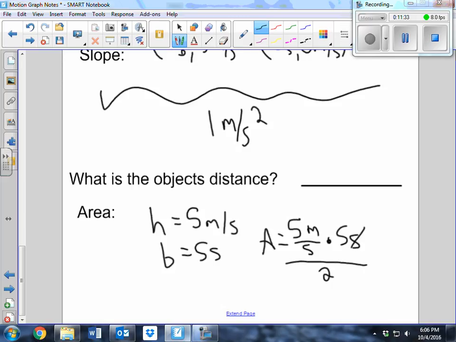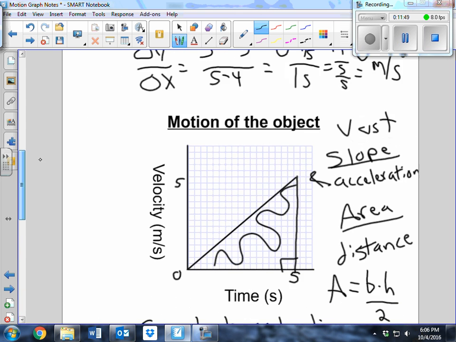Notice the seconds cancel out, right? So that means I have 25 meters over 2, which gives me 12 and a half meters. So the distance that I traveled in that time, according to this graph, is 12 and a half meters.